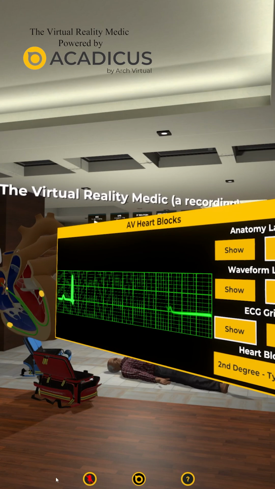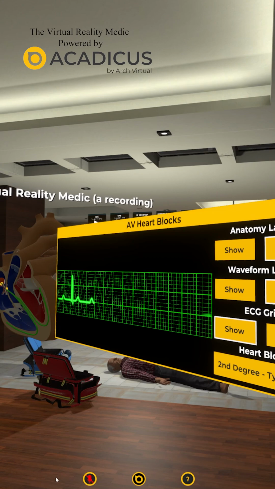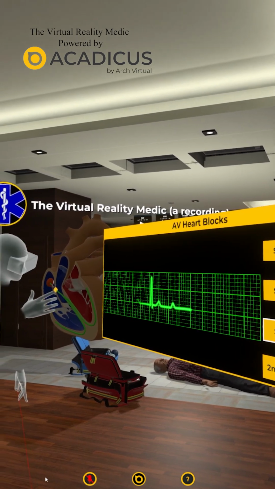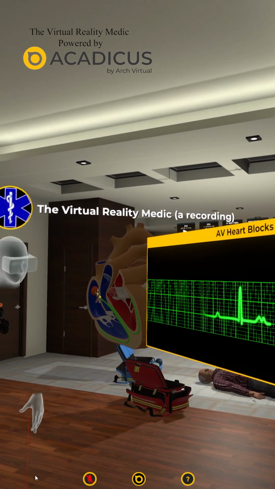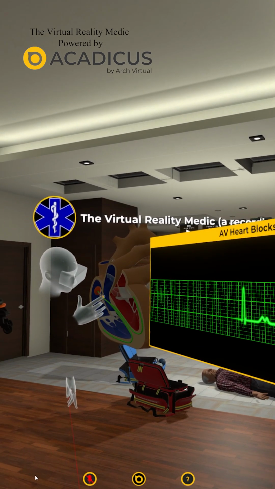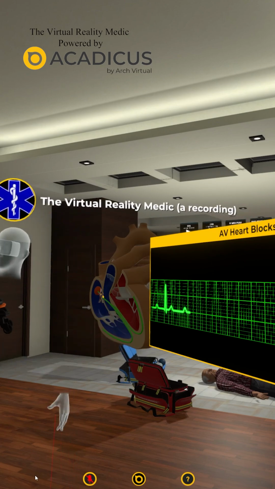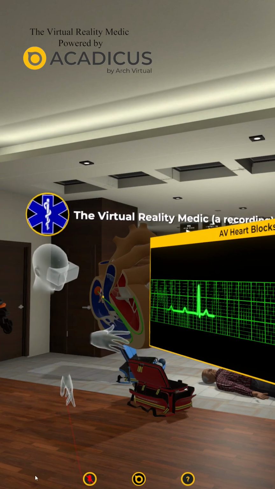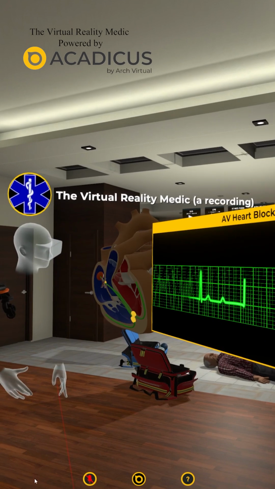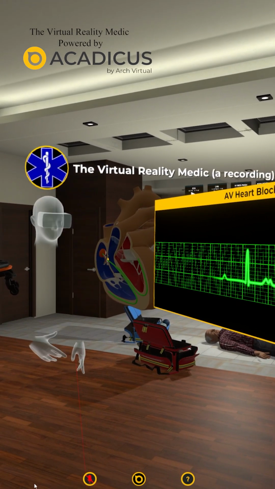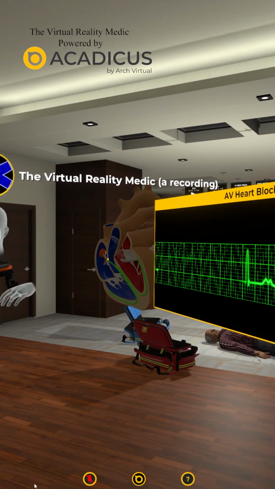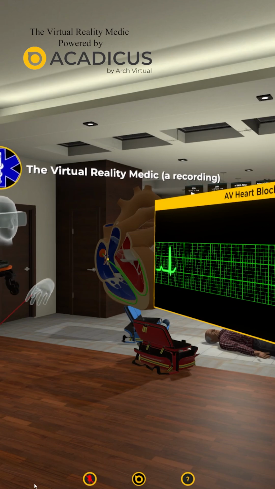You got a fire, there's one right there. What happened? Well, you're having a miscommunication here in the AV node. The SA node is firing, but the AV node is not quite always communicating to the ventricles, to the Purkinje network there. And when it does, it sort of slows down a little bit more.